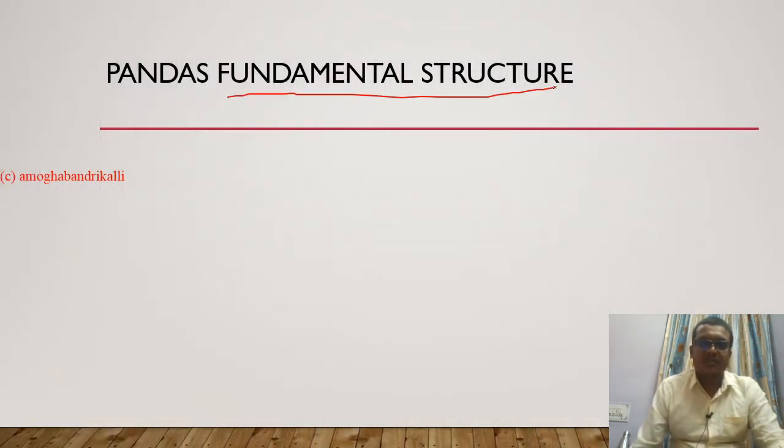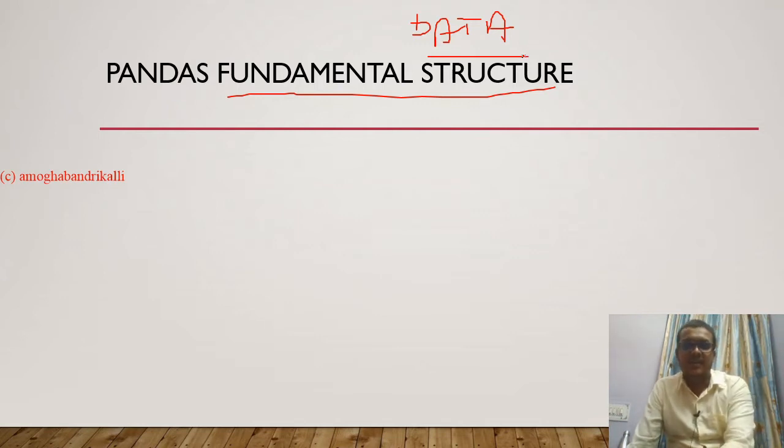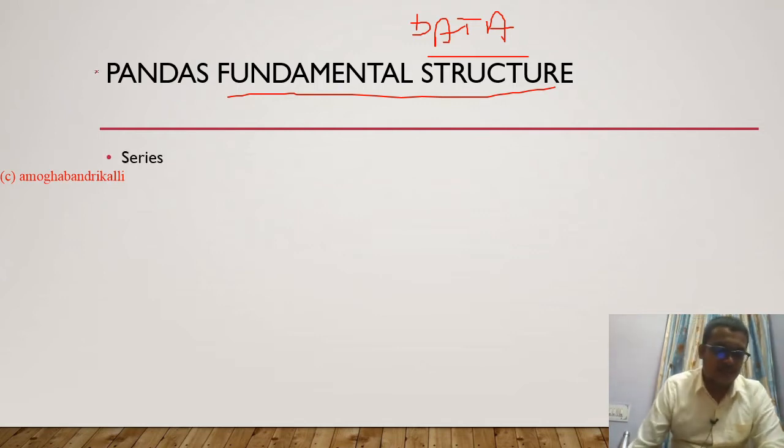We have some fundamental data structures in pandas. Data structure means how to maintain data. The first one is series. Series is the one where you can create an array of different data types. It does not have the same data type.